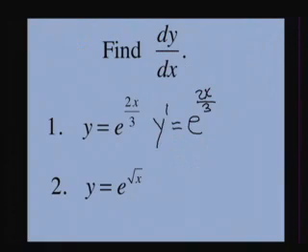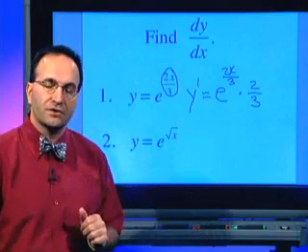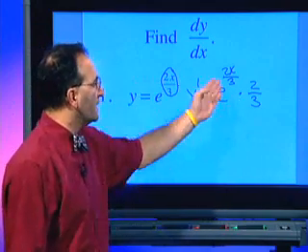But then we need to take the derivative of the exponent, and the derivative of 2x over 3 is simply 2/3. So the derivative of y equals e raised to the 2x over 3 is 2/3 e raised to the 2x over 3.